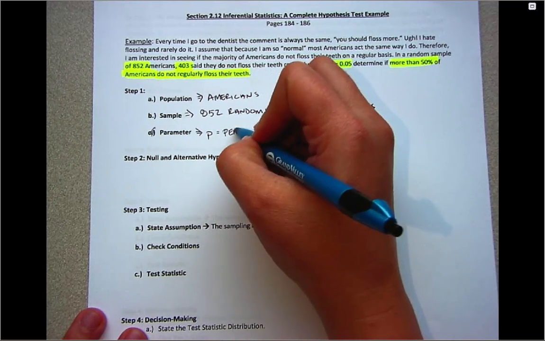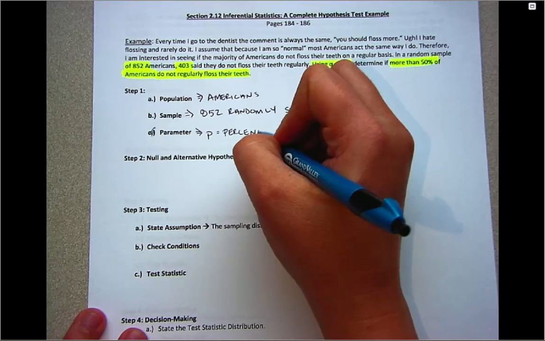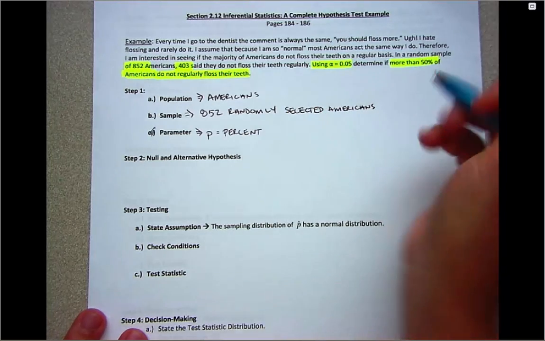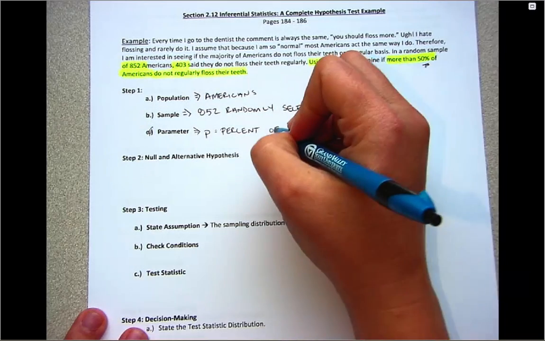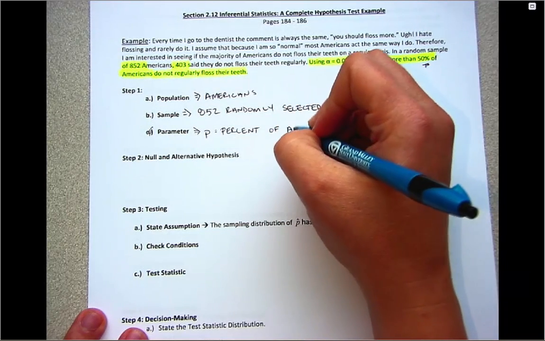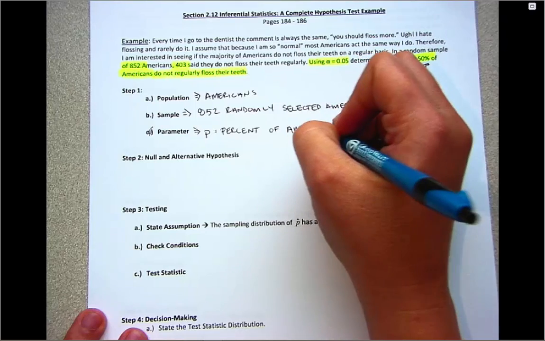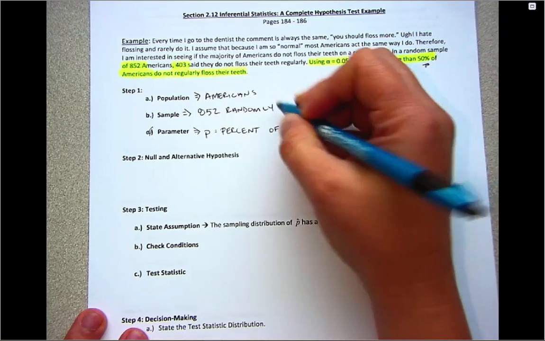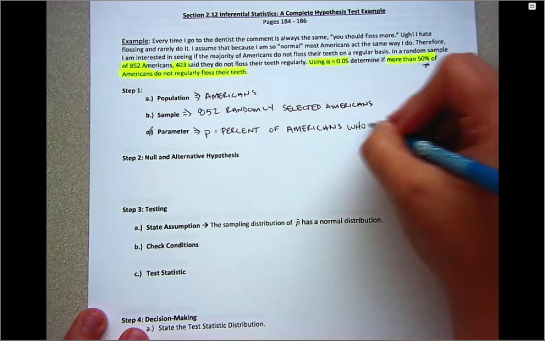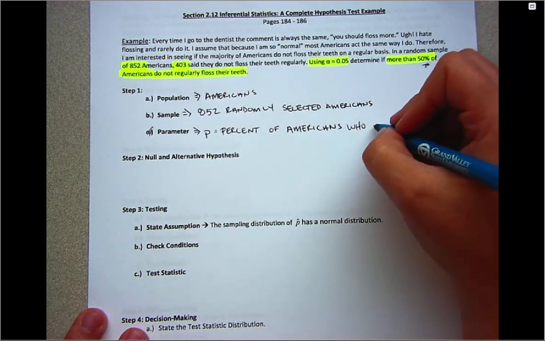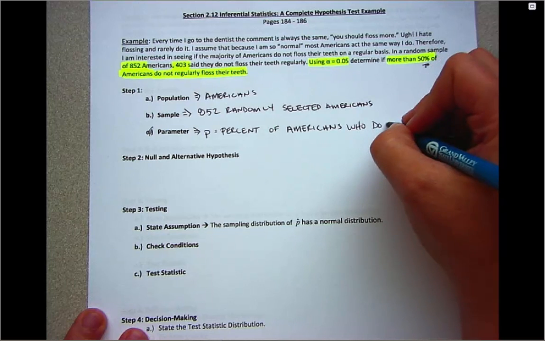And these always start with percent or proportion or probability depending on the problem. Here we have a percentage, so I'm going to say percent. Then you would state the population, so it's going to be percent of Americans, and we decided that was the population up here in letter A. And then finally you would state the success, so we consider it a success if they say that they do not floss their teeth regularly.